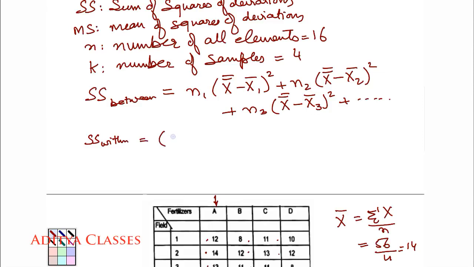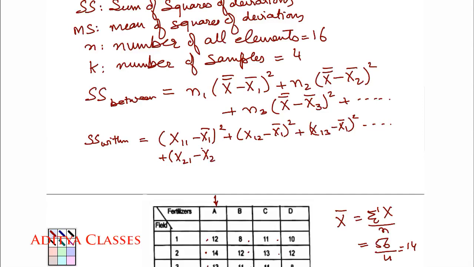It is nothing but (x11 minus x1 bar) whole square plus (x12 minus x1 bar) whole square plus (x13 minus x1 bar) whole square plus (x21 minus x2 bar) whole square plus (x22 minus x2 bar) whole square, and so on.